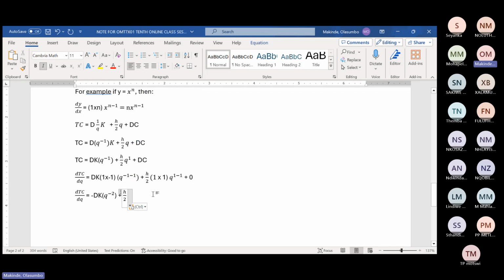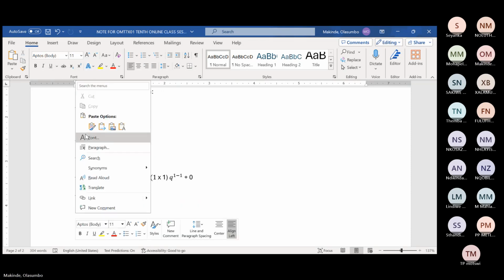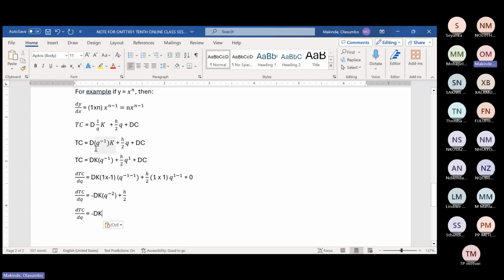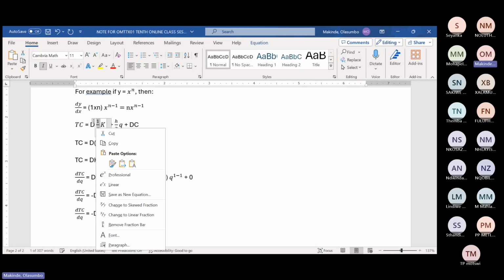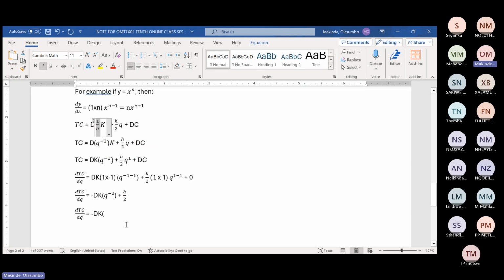And you can simplify this further. Don't forget, Q raised to minus 2, from the law of indices, is 1 over Q raised to 2. So my final expression of dTC/dQ would give me this in brackets: 1 over Q raised to 2, from the law of indices, because a raised to minus m is 1 over a raised to m.